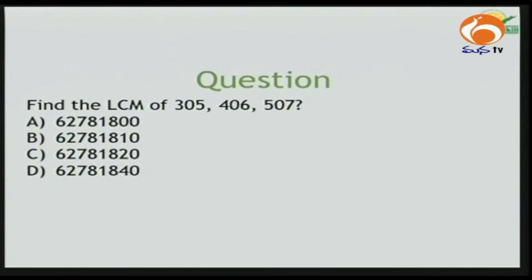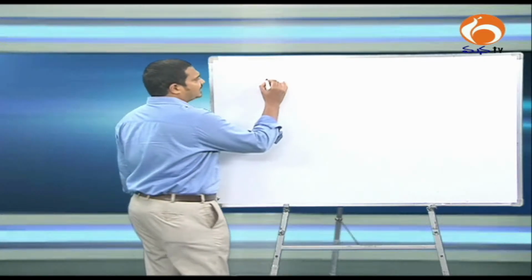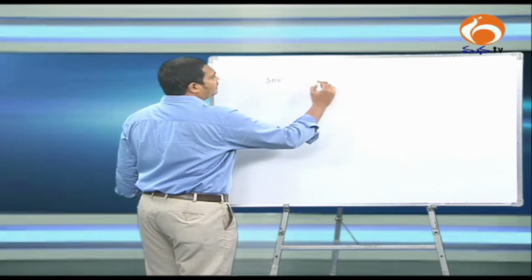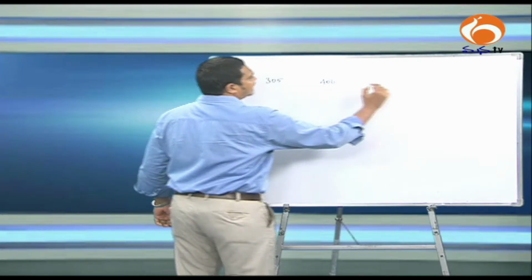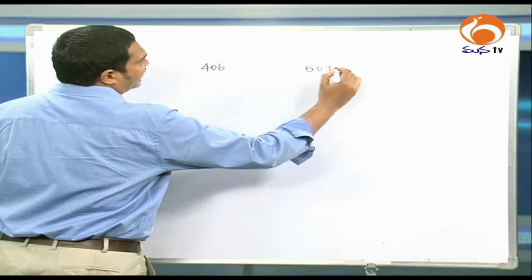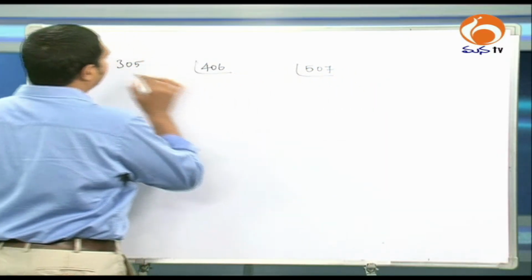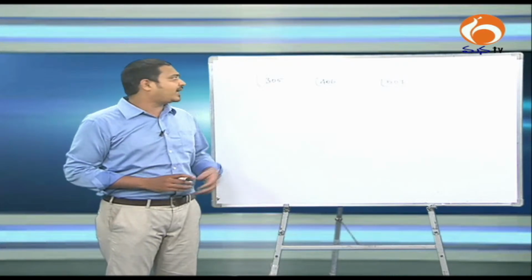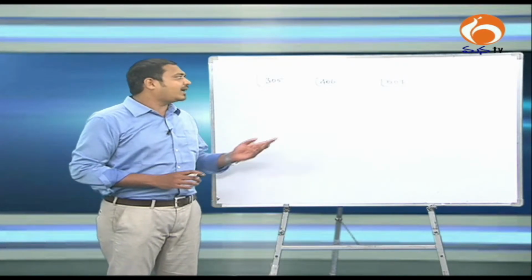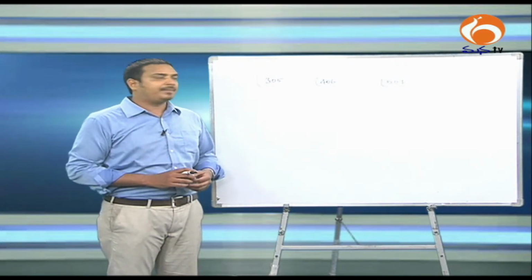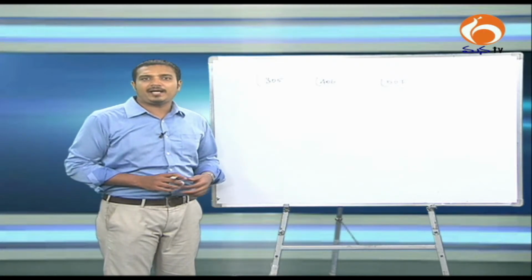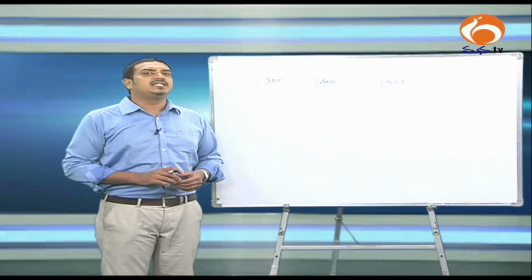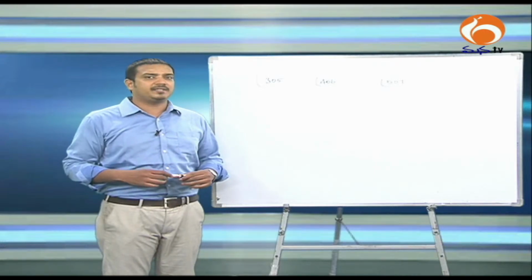So once again, if you take the individual factorization method, let's say 305, 406 and 507. Is it easy for us to do the individual factorization here? Of course not, it's going to be hard. 305 is okay, we can start with 5 and divide. 406 is okay, we can start with 2 and divide. But for 507, we don't know with which number it is divisible.